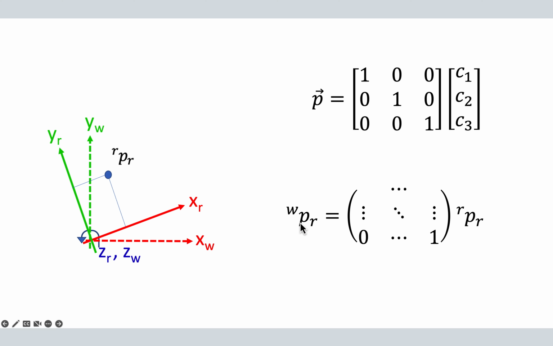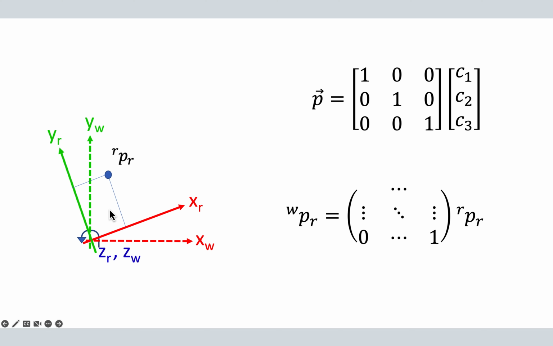Now what we're interested in is a representation where we could plug in a point that is in the robot coordinate system, and that's why I put a little sub-index R to the left here, and turn it into a point in the world coordinate frame. And here you can already see what this means.